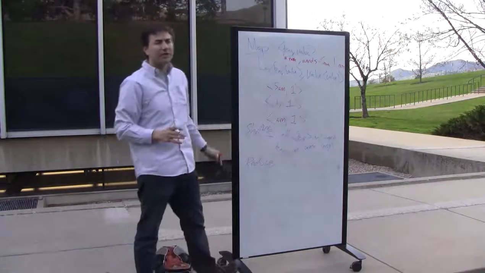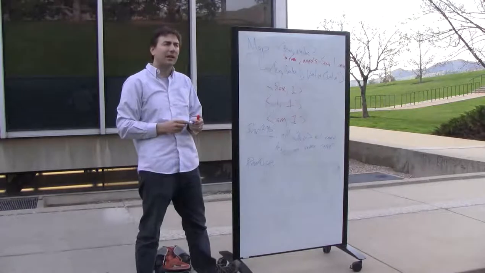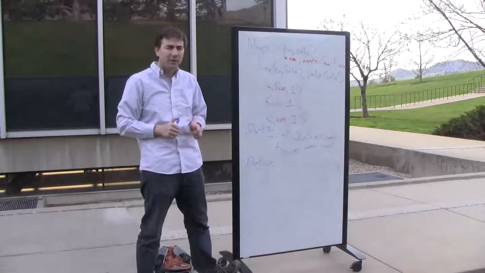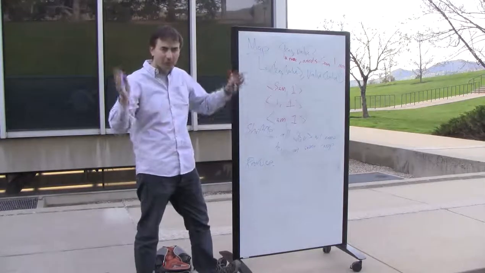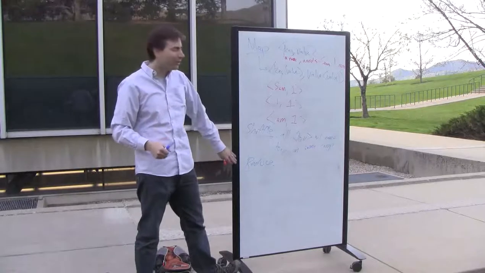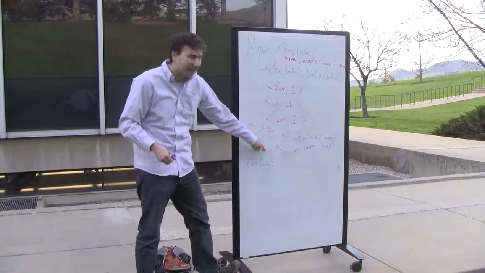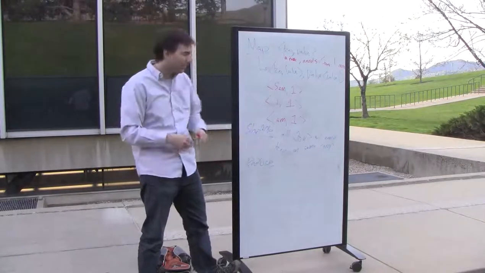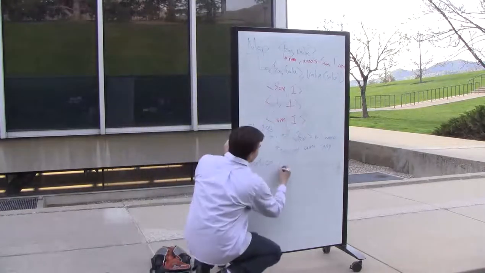Okay, then the other phase that you need to worry about is the reduce phase. So MapReduce, right? What the reduce phase is, it's now got the output of this shuffle phase, and so it has some key.